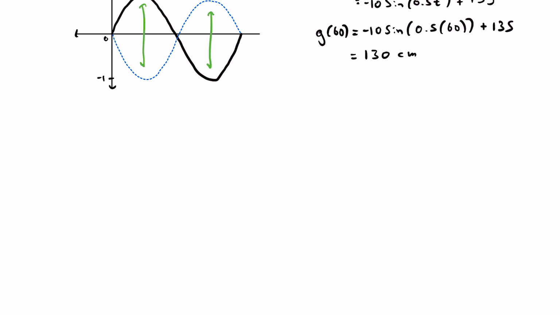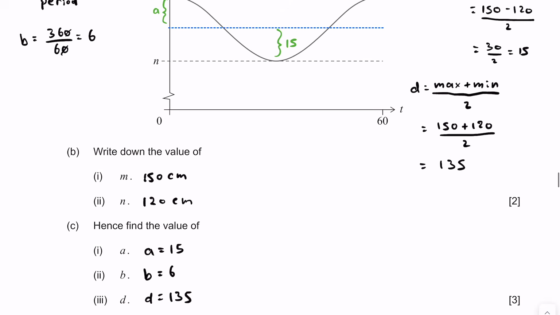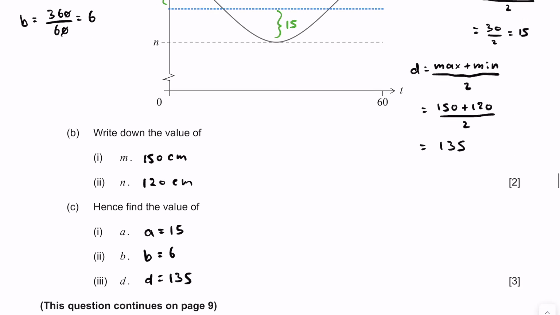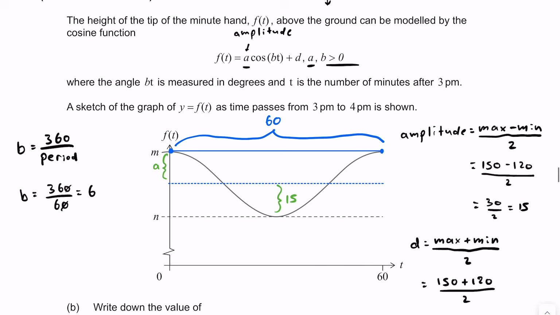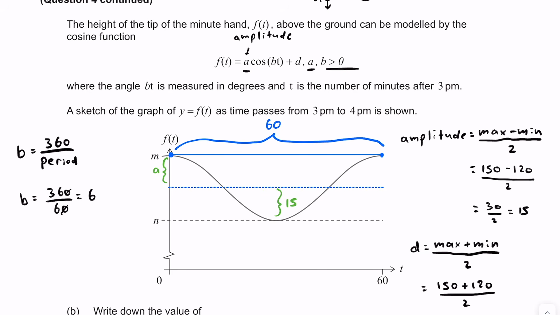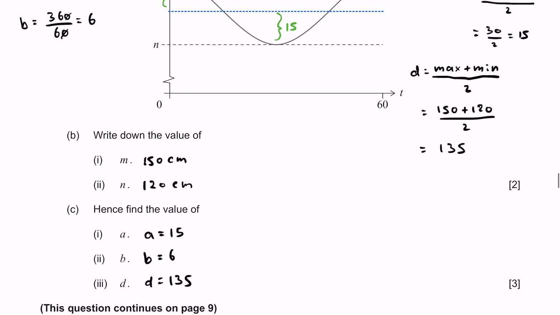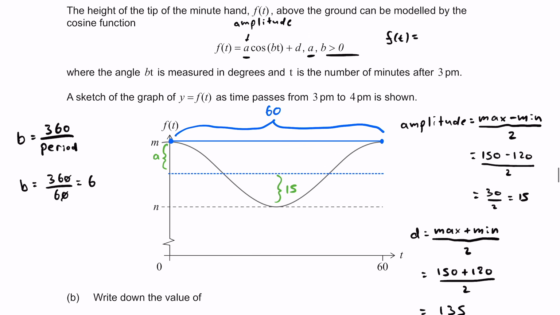So here we are for f. Oops, just write a normal f, I guess. And what we want to find out is when does f of t equal g of t? So first off, what is f of t? Let's maybe go all the way back here. We found these variables. So f of t is equal to, a we found to be 15, b was 6, and d was 135.